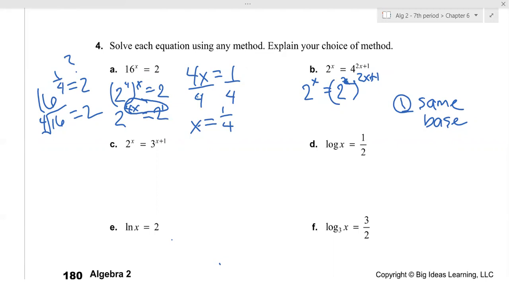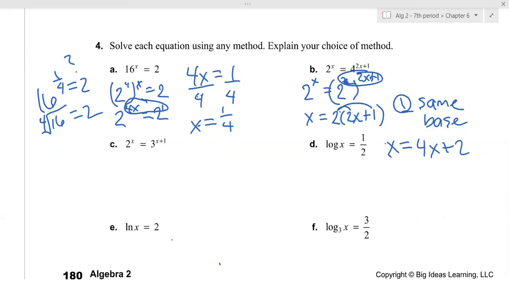But anyway, now that my bases are the same, I'm going to set my x equal to, now careful here, I'm having to multiply 2 times 2x plus 1. So that actually is going to look like this. Then I would have to distribute. So I would be solving something that looks like x equals 4x plus 2. Now that is definitely doable. I'm not going to finish it out because I want to go to the next one.